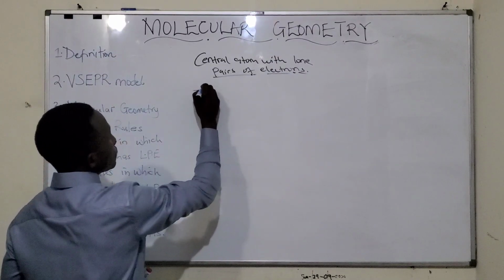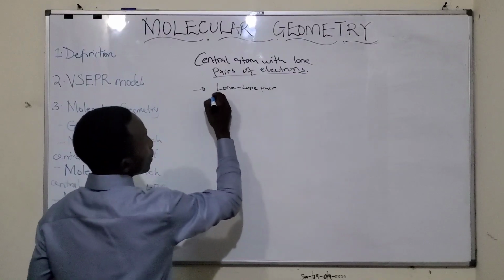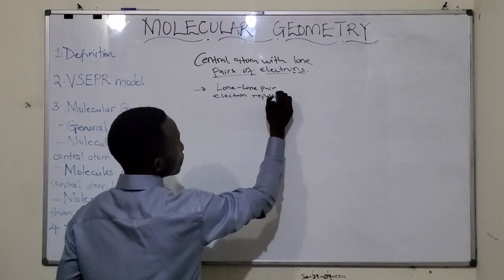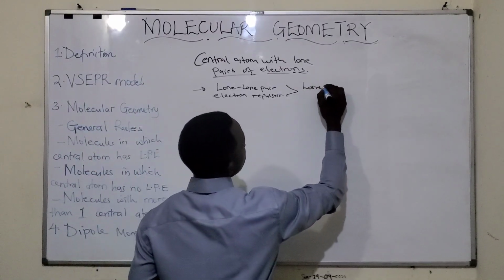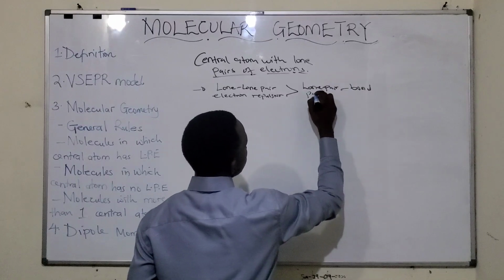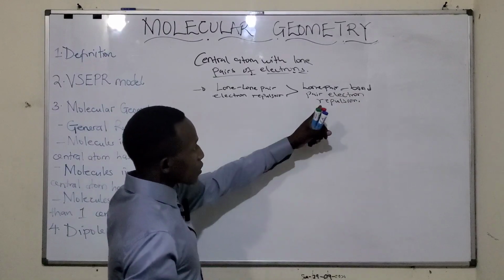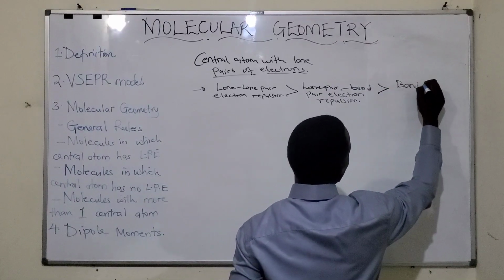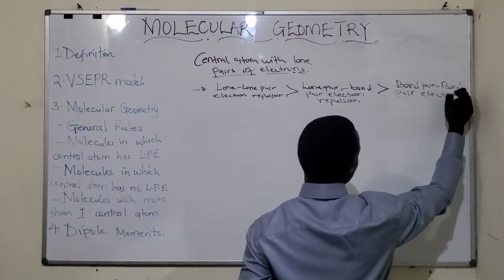So first, we have to know that lone pair electron repulsion is greater than lone pair bond pair electron repulsion, and this one is also greater than bond pair, bond pair electron repulsion.